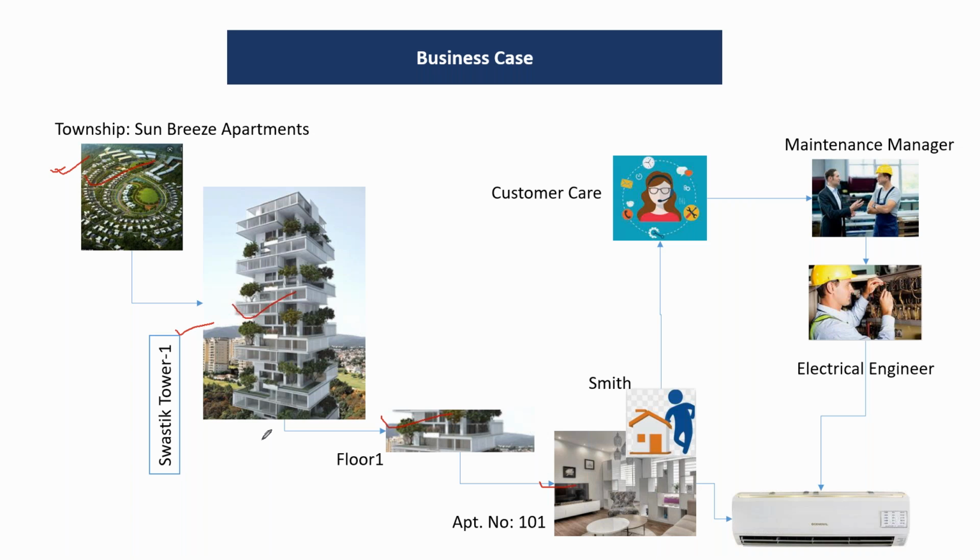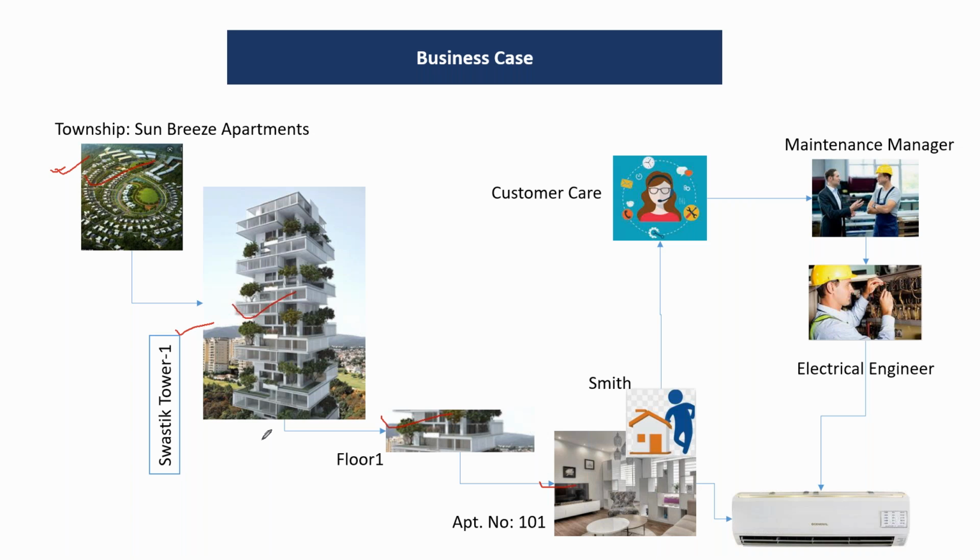If it is working fine, the electrical engineer may close this notification, which will be sent to the customer, my tenant, to confirm whether this particular complaint has been addressed or not. So this is a very simple process.